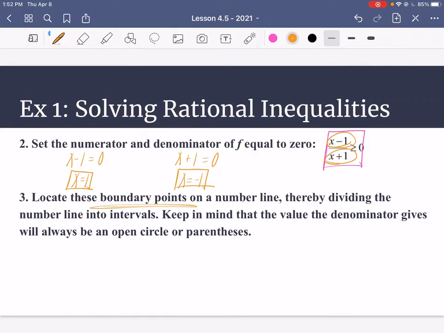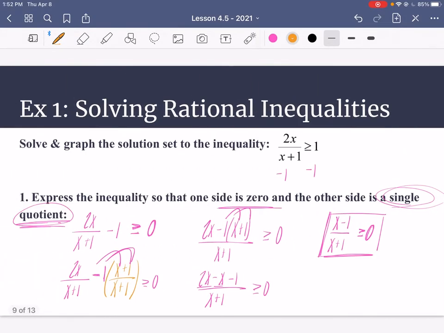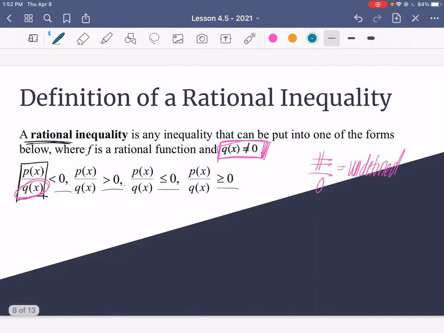We are going to locate those boundary points on a number line and divide the number line into intervals. Now, the one thing that we need to say at the very beginning, which I forgot to do, is what the restricted value is when we get to this point, where we have a single quotient or a single fraction. So we need to write down the restricted value or the domain of this inequality.